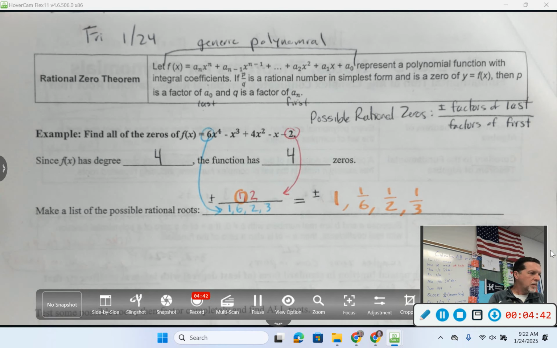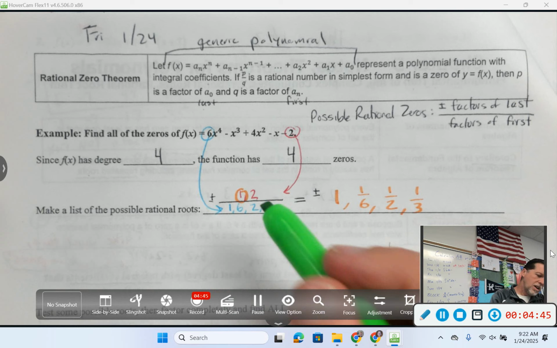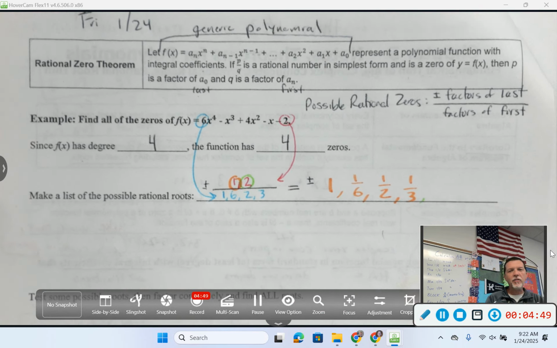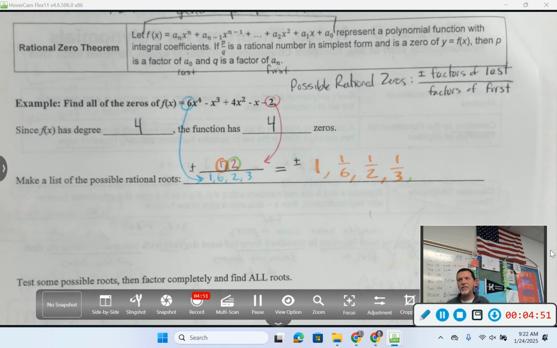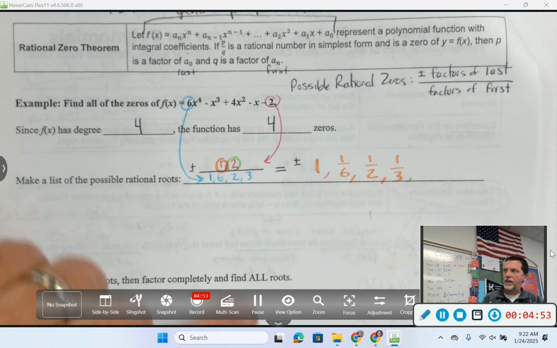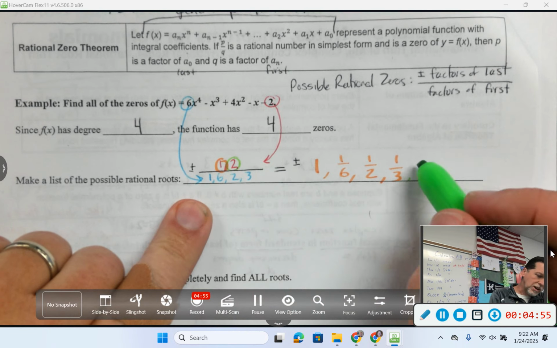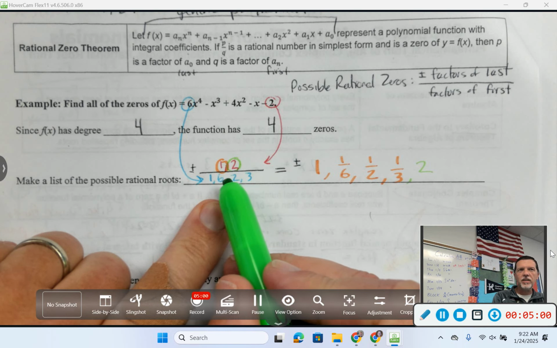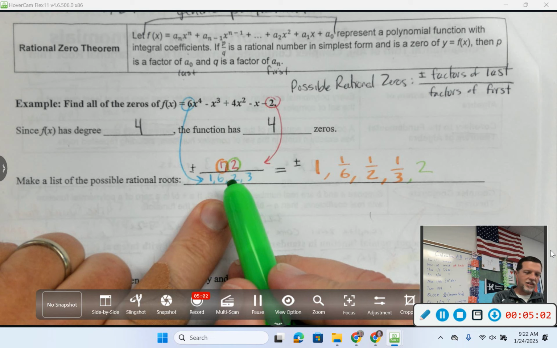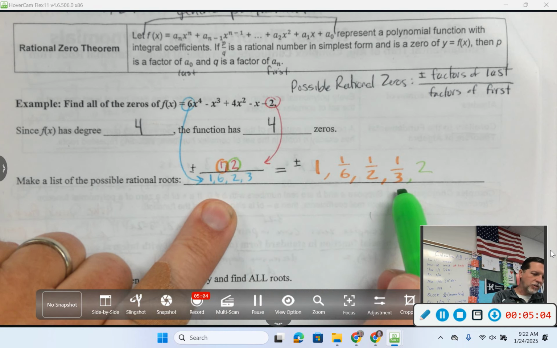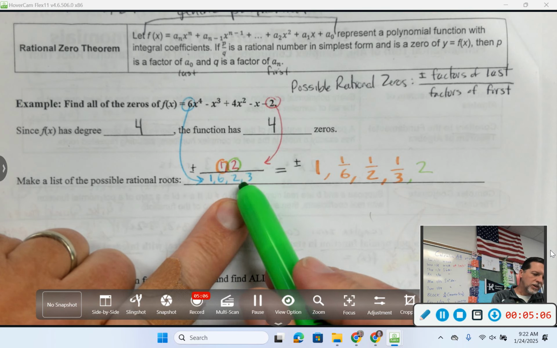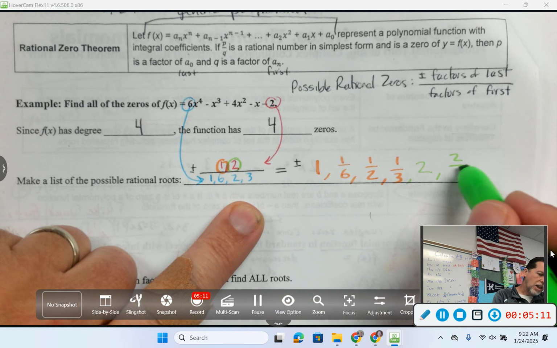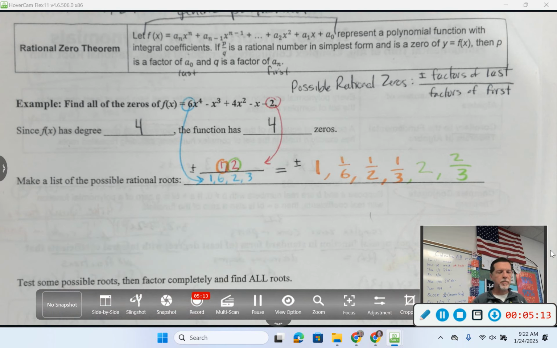And then we'll do the same thing with the 2. Be careful though. I don't want to repeat factors. So if I've already got it written down, I don't need to write it again. 2 over 1, so that's 2. 2 over 6. What's 2 over 6 the same thing as? 1/3. So I don't need to write 2 over 6. 2 over 2, that's the same thing as 1. And then 2 over 3. 2/3.